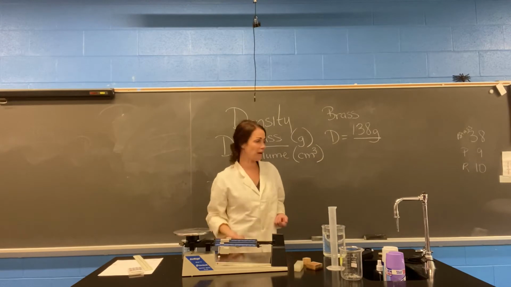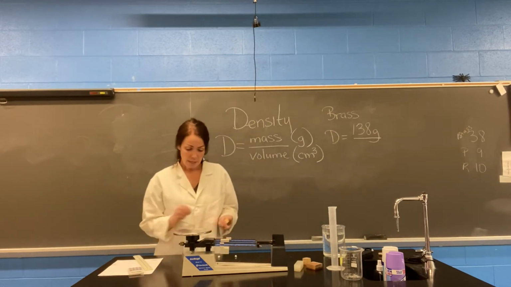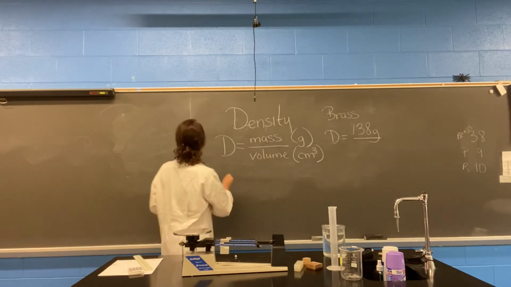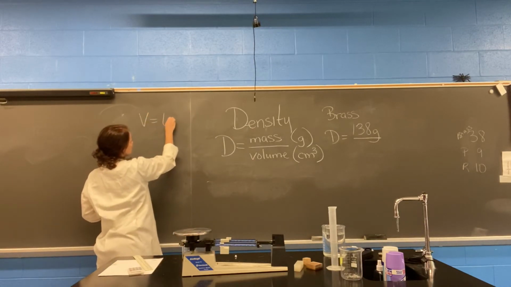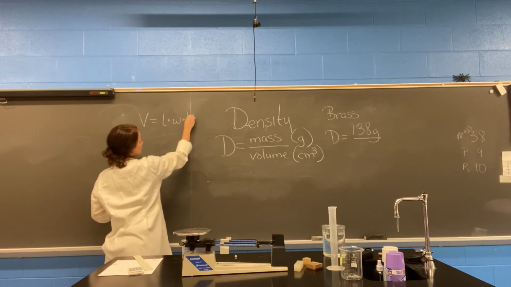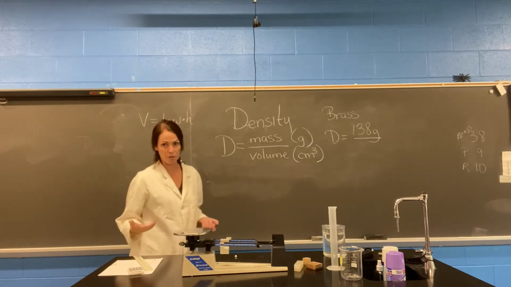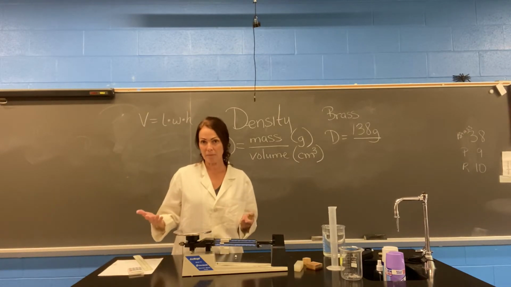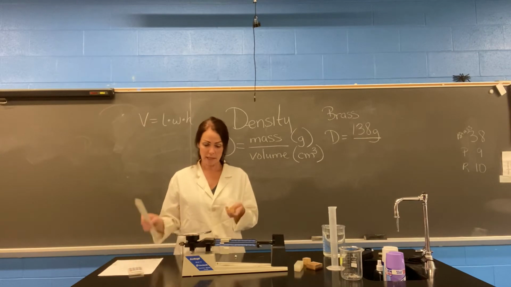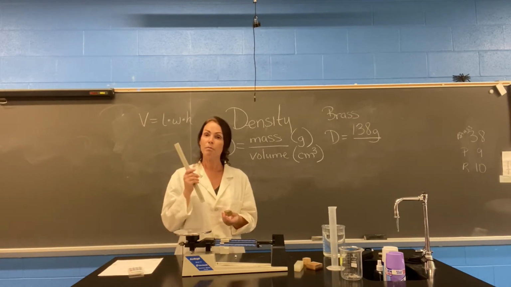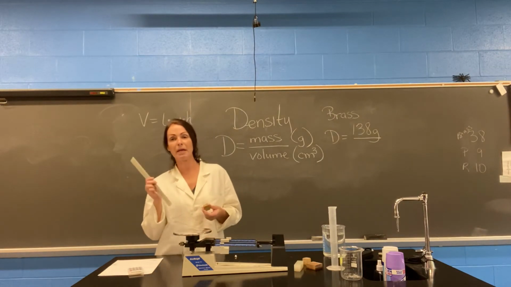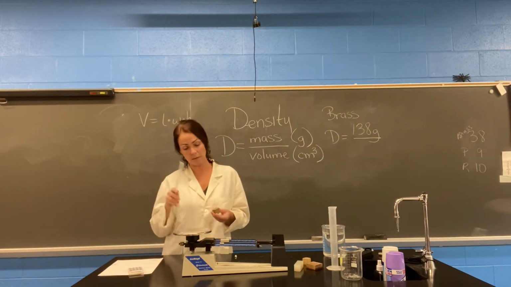But that's only one part of the problem. We still have to find the volume. And remember, in math class, you've probably learned that volume is length times width times height. It makes no difference which order you multiply them in. You're going to get the same answer regardless. In this case, we're going to take our 3 measurements and type them into the calculator. Remember, when you're using your ruler, to make sure you're using the metric side, the centimeters.